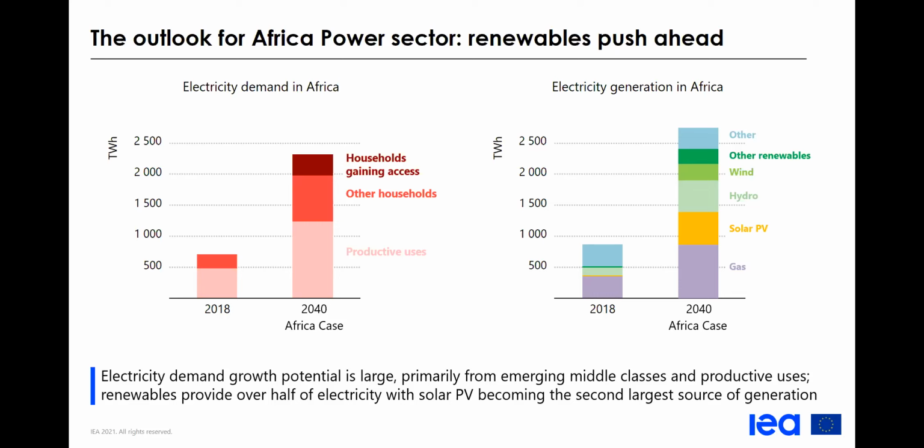So I think other renewables in this slide, I would need to check, but I expect it includes geothermal, which is a very dynamic power generation source for countries in the Horn of Africa, like Ethiopia, Djibouti, but mostly, sorry, the first country, which is Kenya, which is really the African champion on geothermal, if I recall correctly.